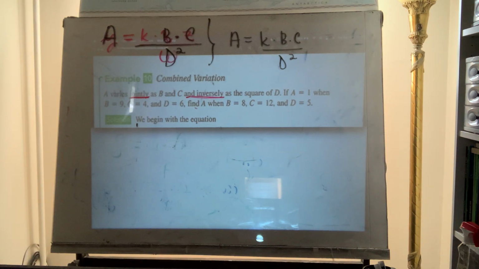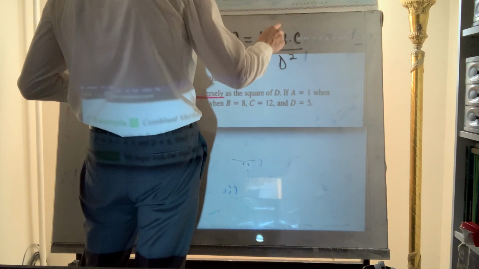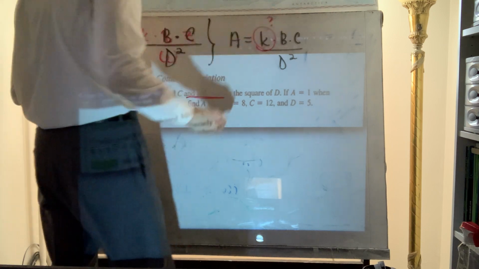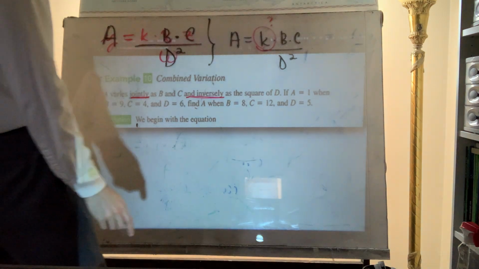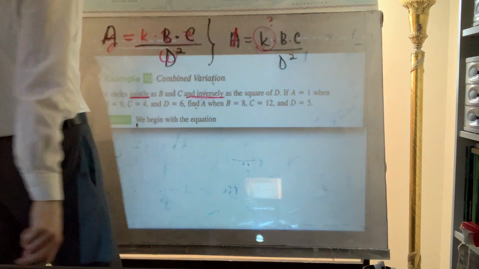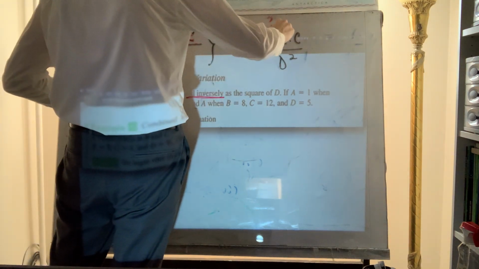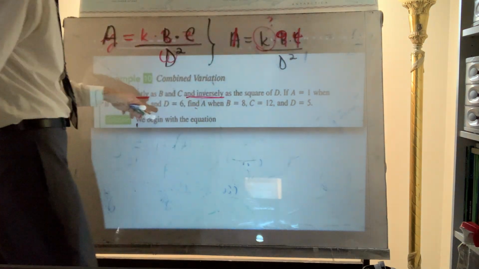If A is 1 when B is 9, C is 4, and D is 6, find A when B is 8, C is 12, and D is 5. This is another situation where, without explicitly stating it, we'd have to find the constant first. So we're going to play their game of inserting numbers where we can, and that will go here and here respectively, and 4 and 6.